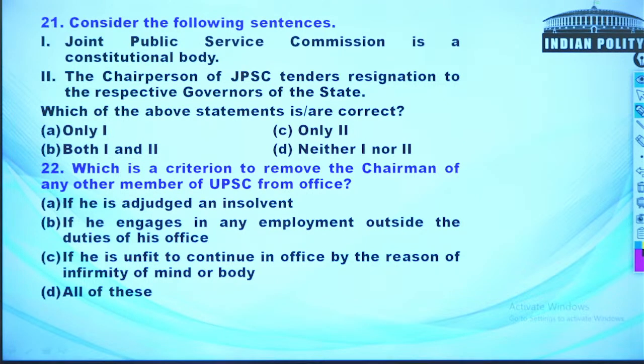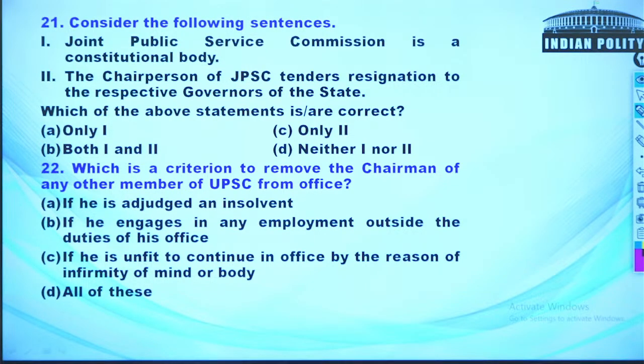Option 21D. Which is a criterion to remove the chairman or any other member of the Public Service Commission? If he is adjudged as insolvent, if he is engaged in employment outside the duties of his office, if he is unfit to continue in the office by reason of infirmity of mind or body.